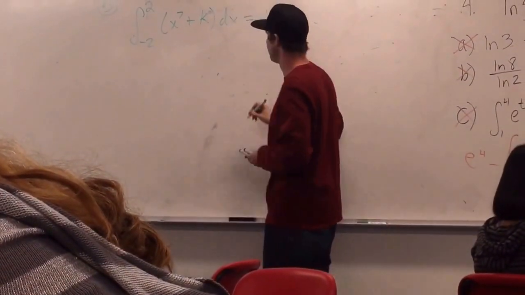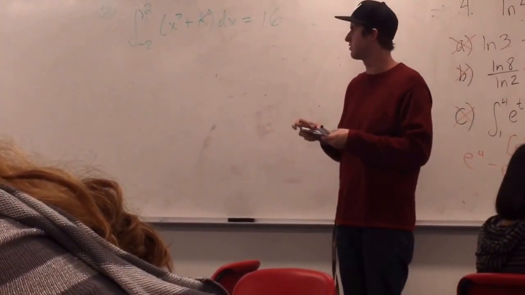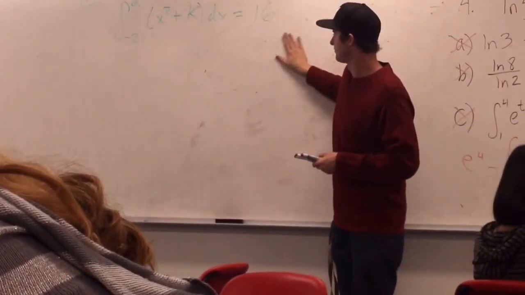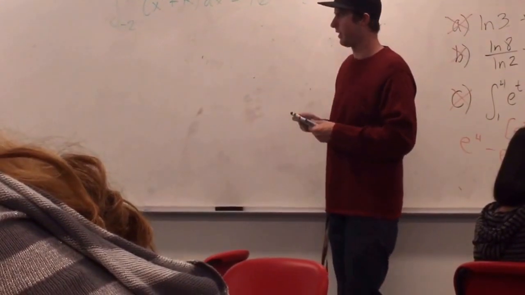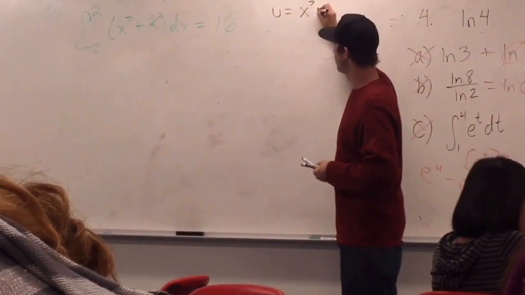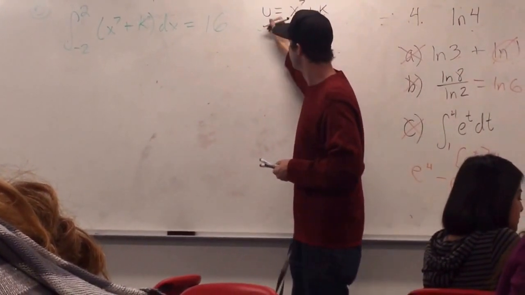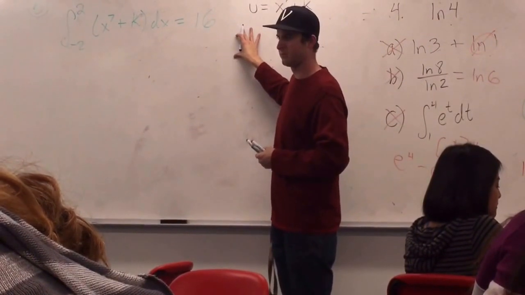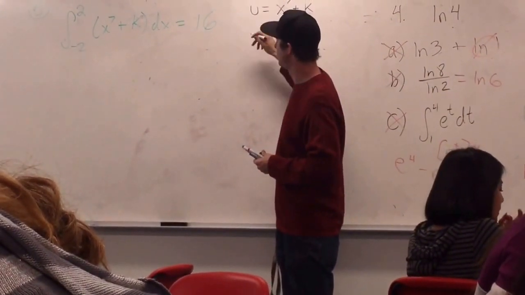I'm going to go over this one a little bit more quickly since we didn't have class yesterday. If I wanted to solve for this and get k, okay, we can say u equals x to the 7th plus k.